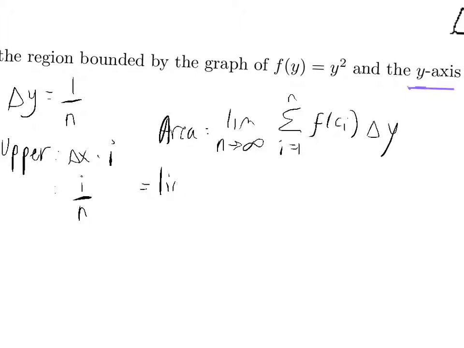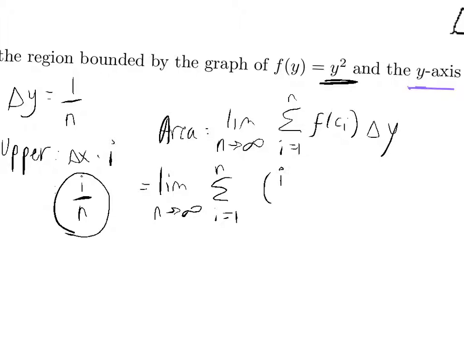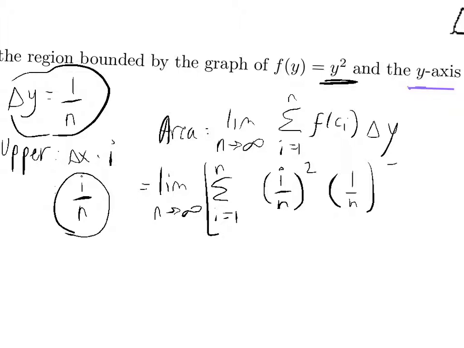Plugging in i over n to our function y squared, that would be i over n all squared times delta y, which is 1 over n. So we're taking the limit of all of that.